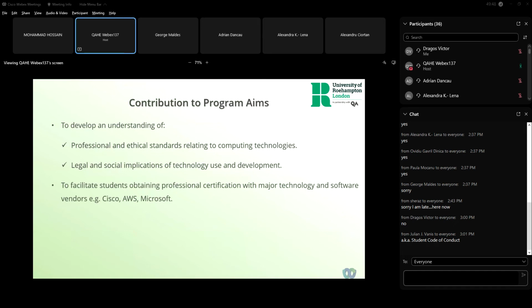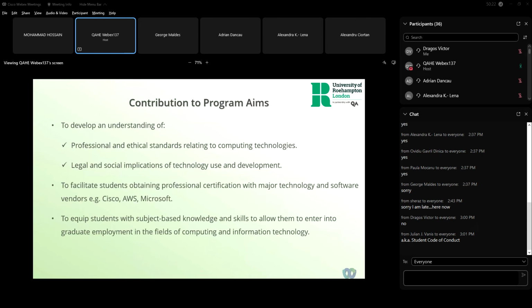Now, also, you may intend to undertake some sort of certification. Maybe you're training for Cisco, CCNA, CCNP, CCIE, whatever, or AWS or any of the Microsoft ones. Why then not come up with a theme for your dissertation which will help you enhance these skills to make it easier for you to pass that particular test?